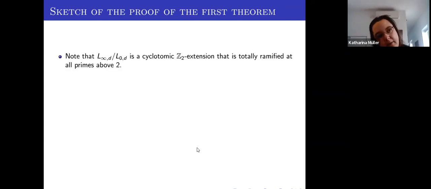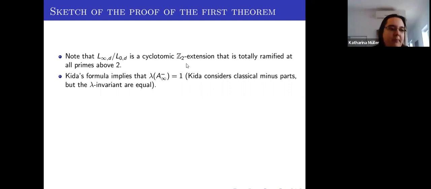So in our very particular setting, L_{∞,D} over L_{0,D} is a cyclotomic Z_p extension. And this cyclotomic Z_p extension is totally ramified at all primes above 2. There's a formula due to Kida which allows you to compute lambda invariants explicitly. And this formula implies that lambda of A_∞^- is equal to 1.